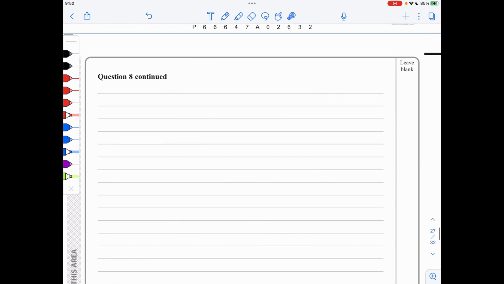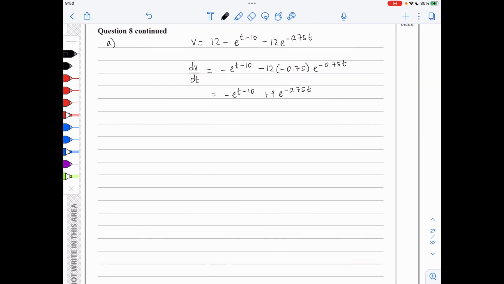So we need to start by saying if the velocity is 12 − e^(t−10) − 12e^(−0.75t), then we want to find dv/dt. So dv/dt will be −e^(t−10) − 12 times −0.75e^(−0.75t), which simplifies to −e^(t−10) + 9e^(−0.75t). And for a maximum velocity, we need dv/dt to be 0.